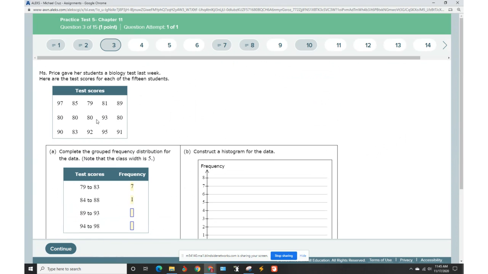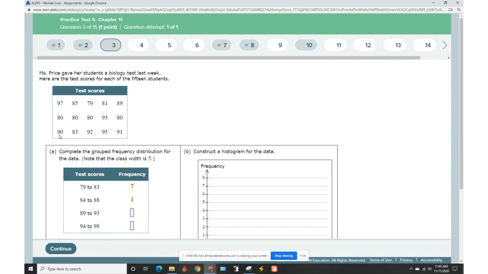There's no 88s, there's no 87s, no 86s, and no 84s. The next one is 89 to 93. So there's an 89, and here's a 93. So we got 2 of them so far.